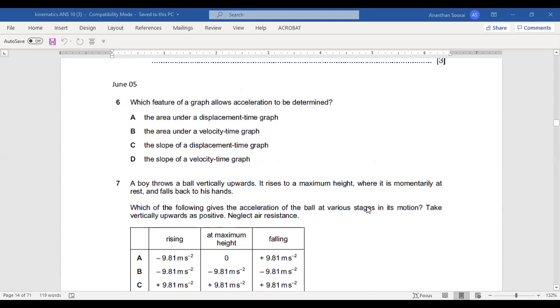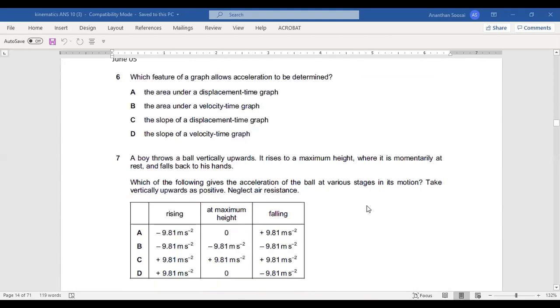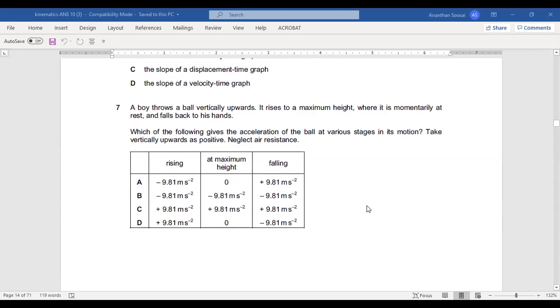Okay, this is a very important question. Question 7, this is June 5, question 7. B. Did anyone go for A?